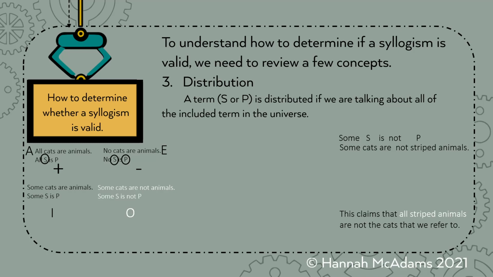This claims that all striped animals are not the cats that we refer to. So this one you just kind of have to remember. In the O statement, the P is circled, the P is distributed. P again means the predicate, the last term in the sentence, so circle that one.